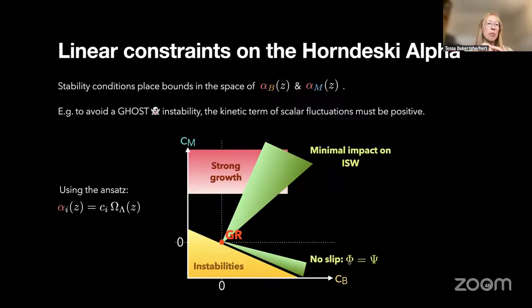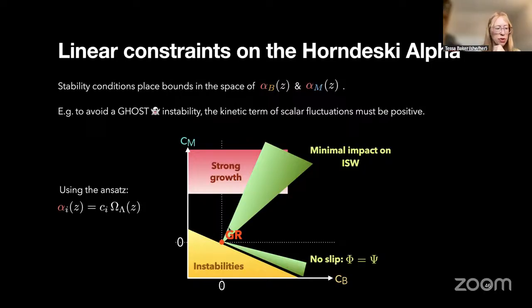And it's a very common feature of modified gravity models that they would no longer be the same. But if you pick the right line in parameter space, then they are the same or very close to being the same. And that's that line down there. So if you move down this line, you're not the same as GR, but you're one step closer to GR. You won't affect lensing observables very strongly.